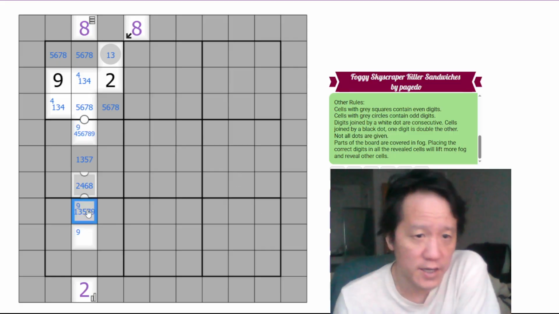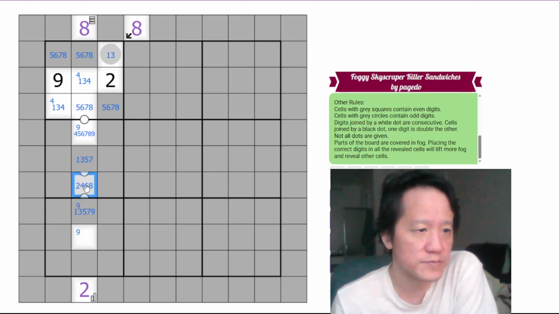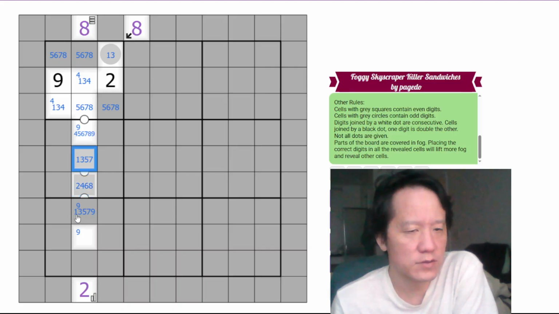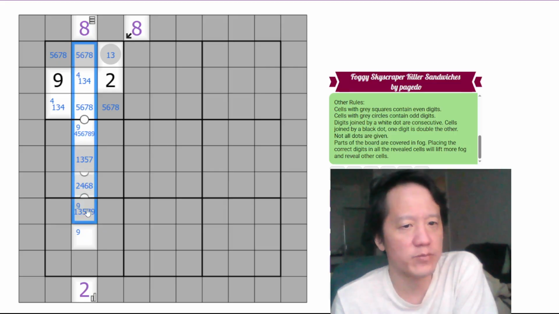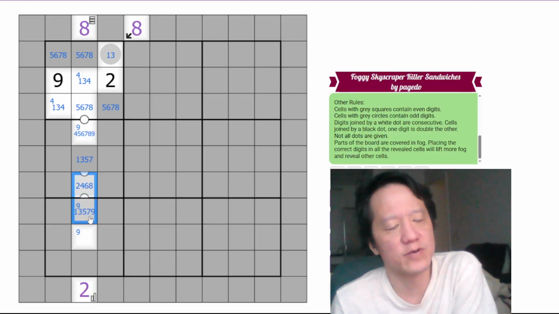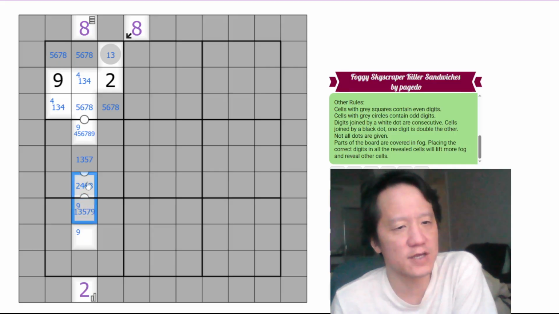If this is 9, this has to be 8. And this would be 7. And then would there be 8? A sum of digits adding up to 8 between the 9 and the 1.